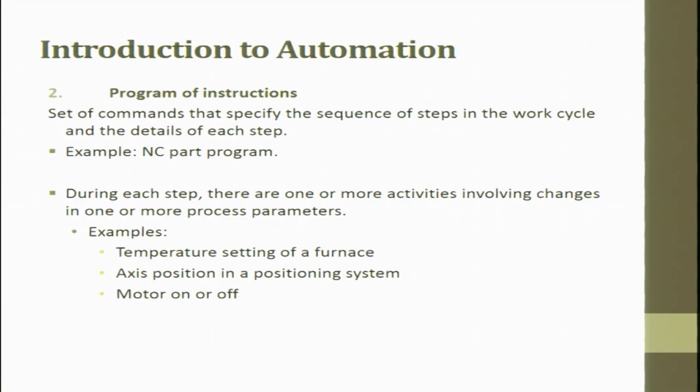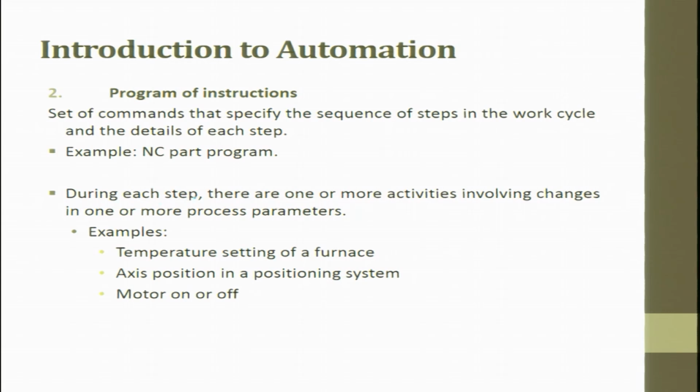When we talk about program of instructions in automation, it is a set of commands that specify the sequence of steps in the work cycle and the details of each step. For example, in an NC part program, every line is called a block.